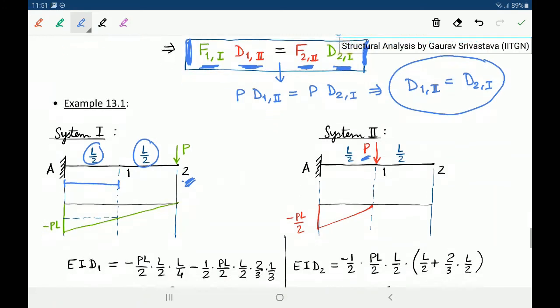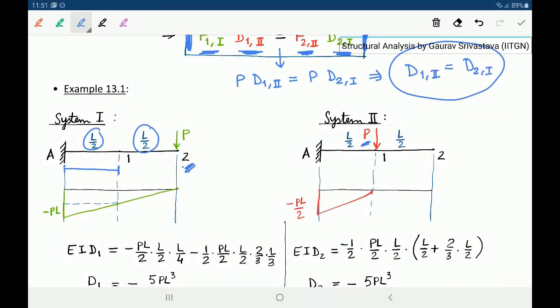So what this implies is that in system 1, if we compute delta 1, and in system 2 if we calculate delta 2, these two deltas should come out to be the same, if the reciprocal theorem is true.